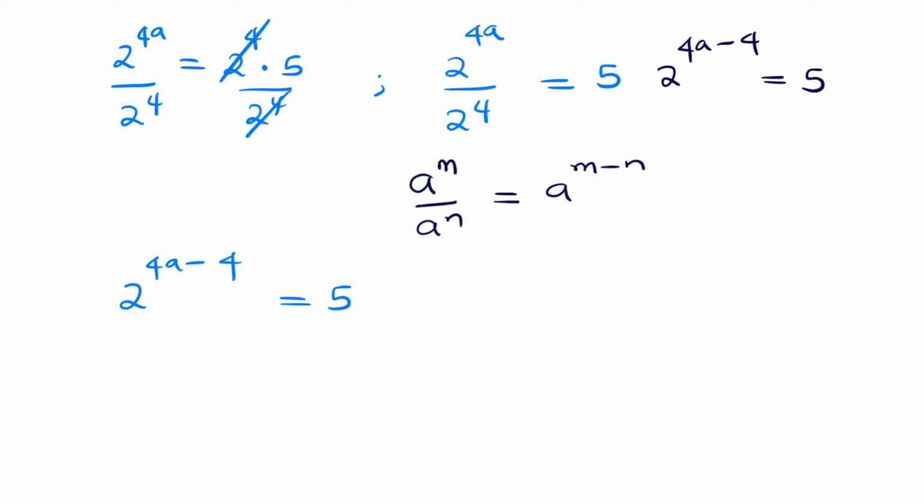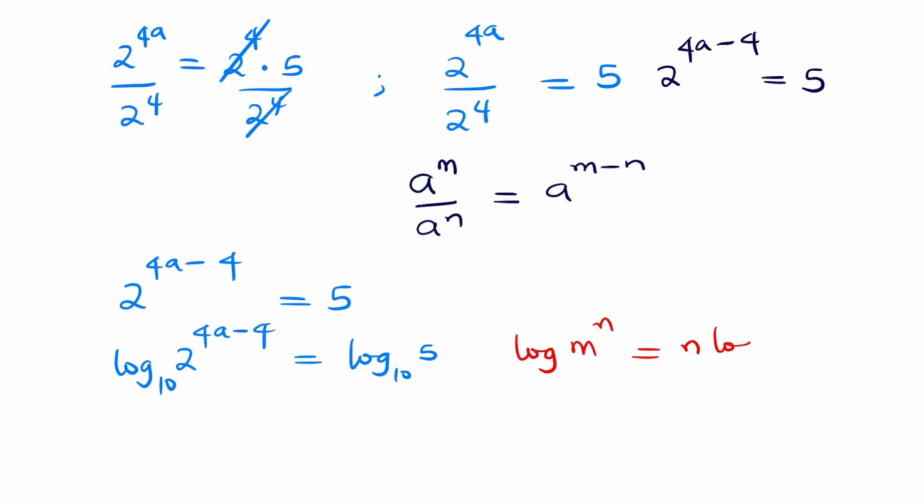With this, I can now take the logarithm to base 10 of both sides. So this is log of 2 raised to power 4a minus 4 is equal to log to base 10 of 5. There is a law of logarithm we can apply at this point, which says if you have logarithm of m raised to power n to whatever base it is, it becomes n log m to that base.